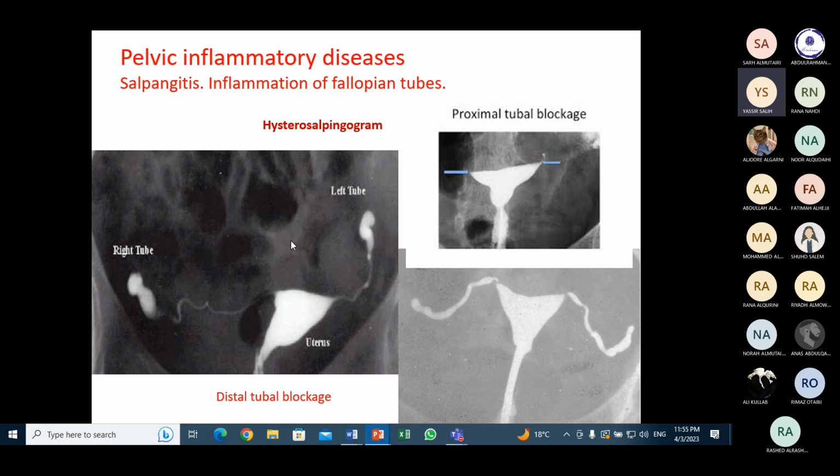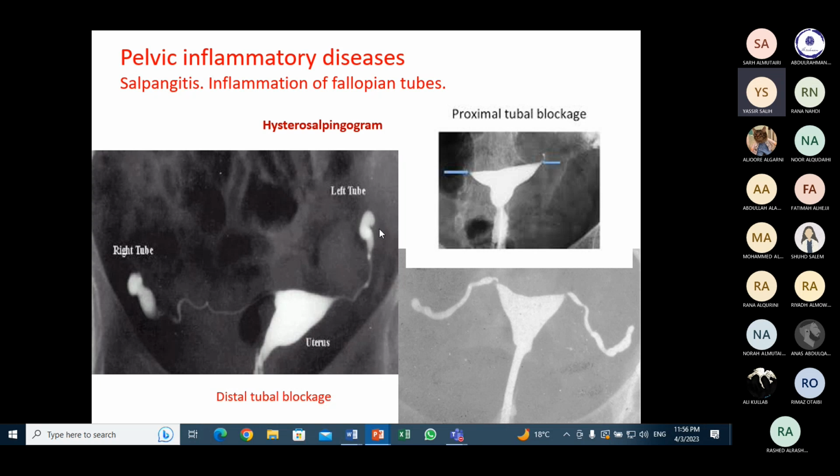We could give you something like this in the exam and ask you to comment on it, if you know how to comment on this hysterosalpingogram. The term usually used is there is no spill of contrast into the peritoneal cavity.